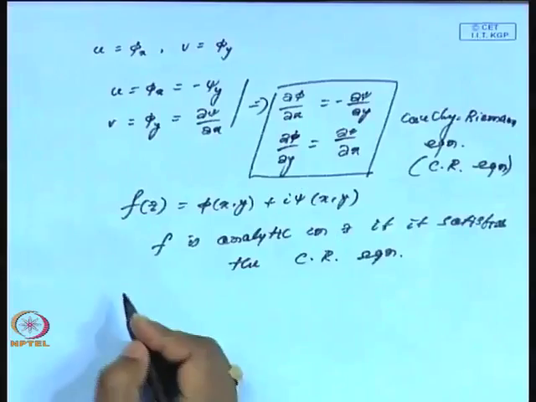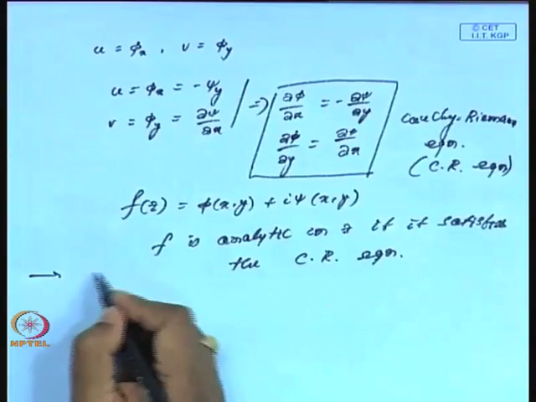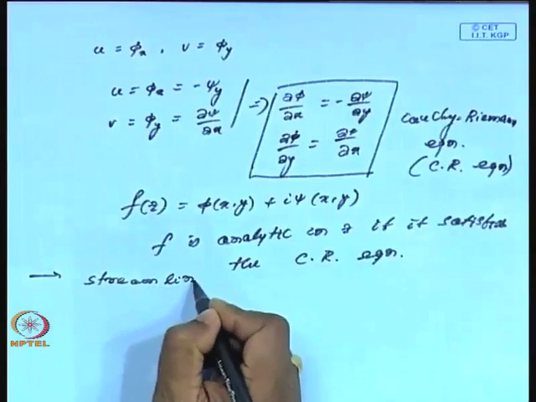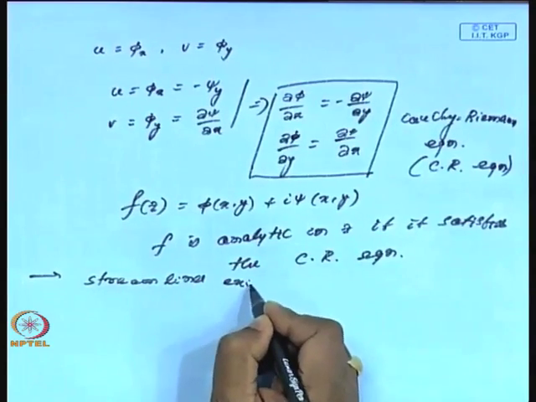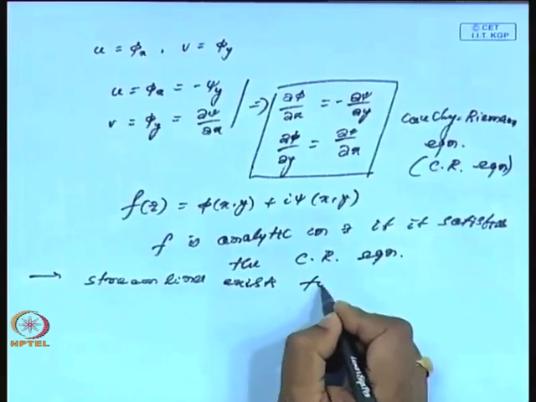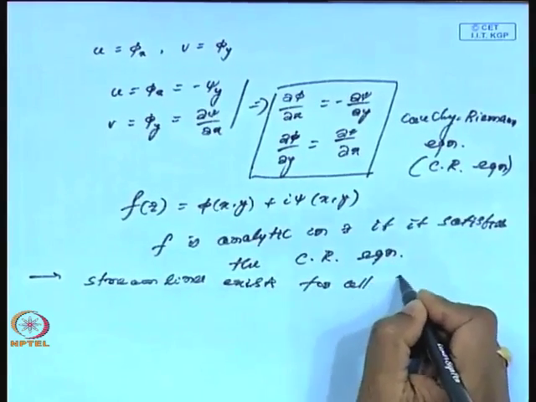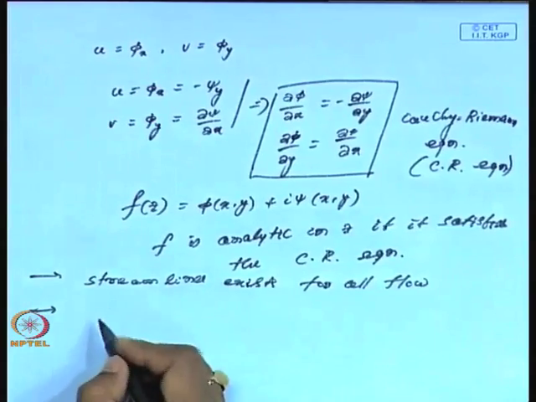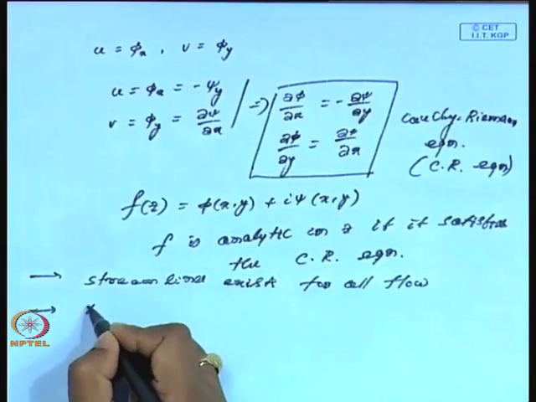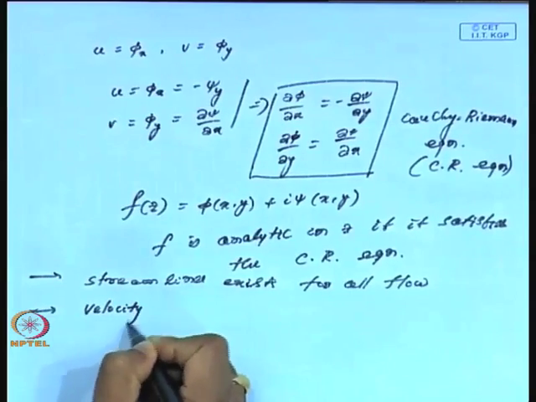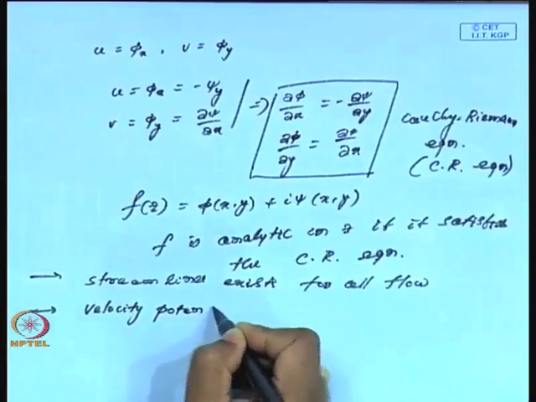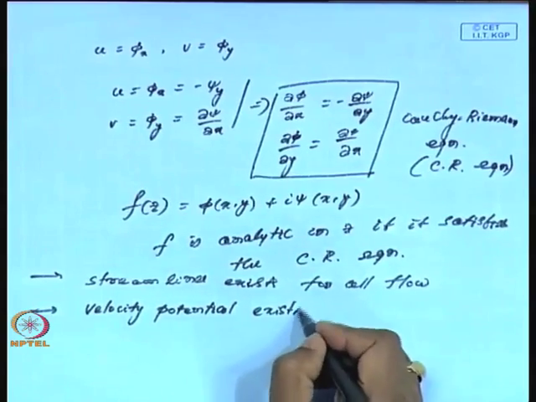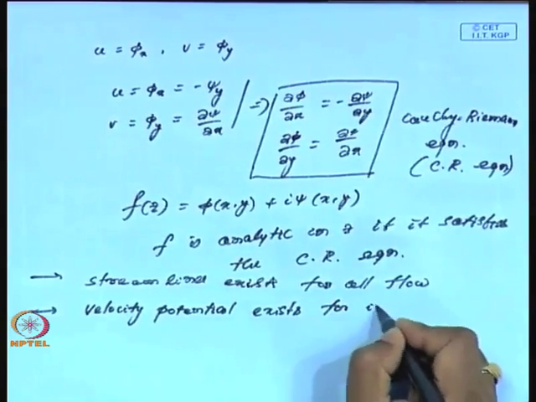Here it is very clear, I have already mentioned that the stream function exists for all flow. On the other hand, velocity potential will exist only when the flow is irrotational. It will exist for irrotational flow.